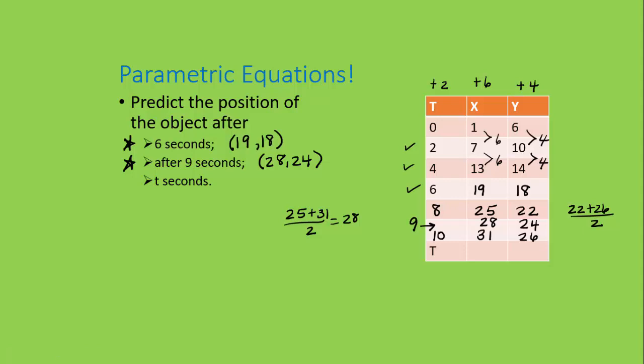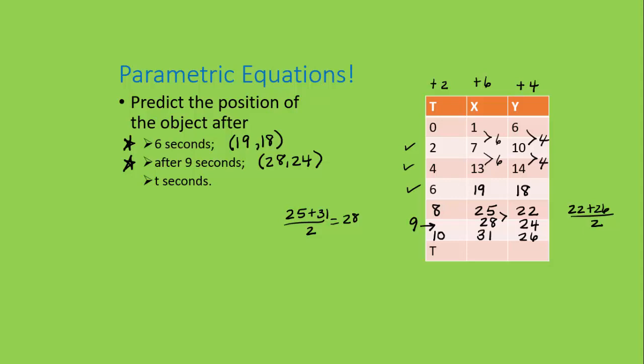I don't want to have to build this table of values forever. I want a different way. We want to generalize this formula. So what we do is we look at what happens when t increases by just 1. For every 1 second, what's happening to x and what's happening to y. So now let's look at the 8 and the 9. In between 8 and 9, what's the difference here?